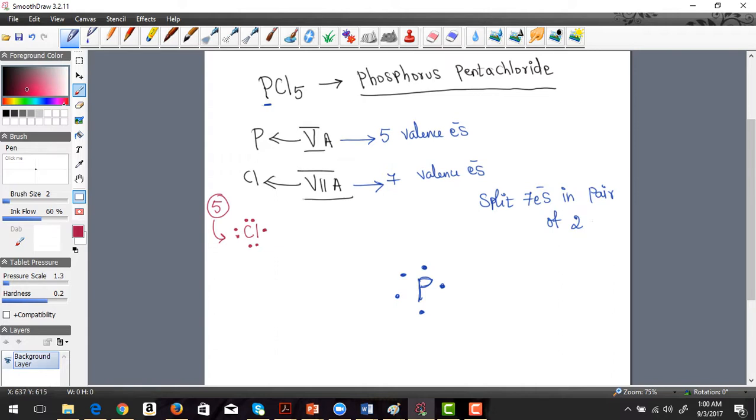So I'm going to write it exactly the way I have it there: 3 pairs and an electron. I'm only drawing it for 1, but there are 5 of them, so do that for all 5 chlorines, in pairs of 2.